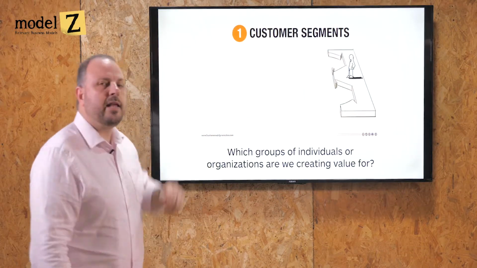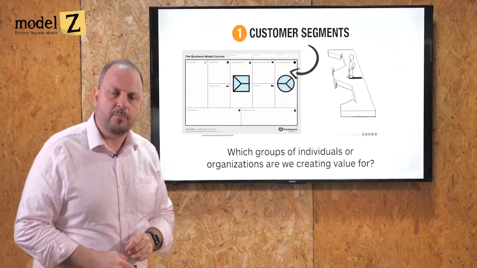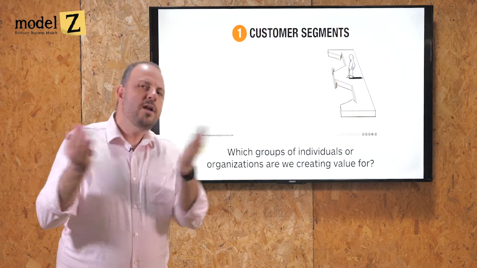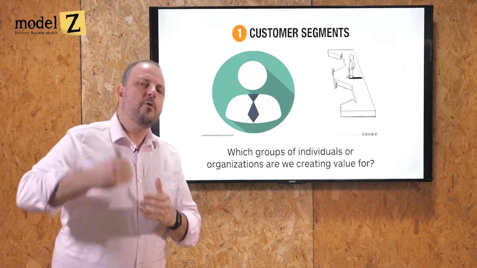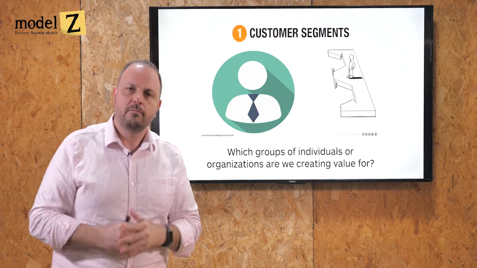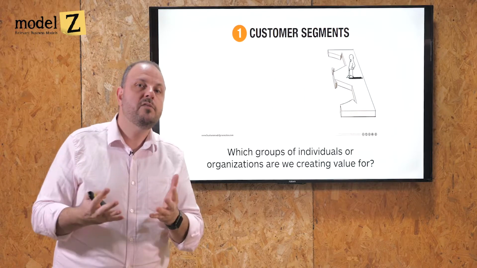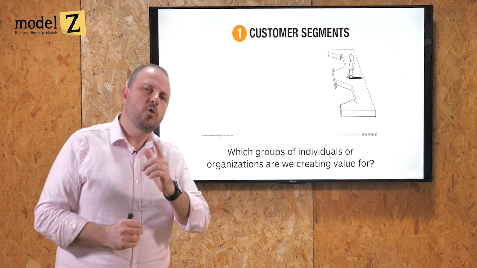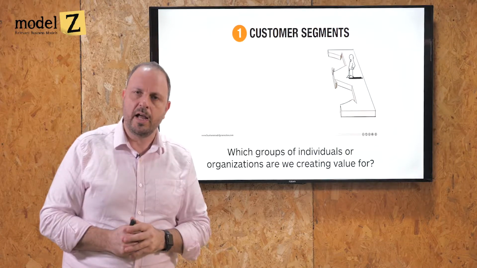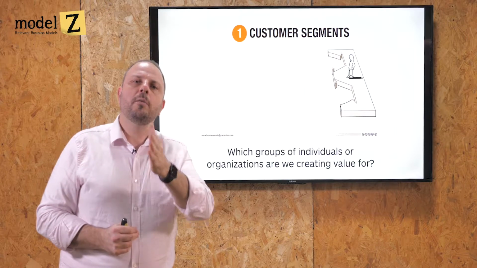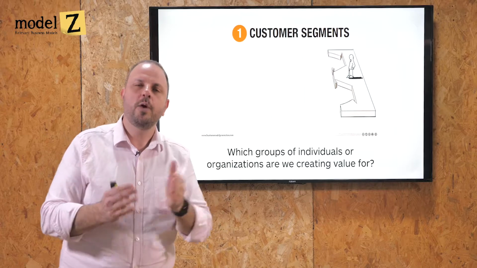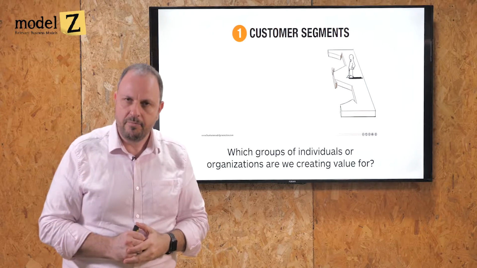So, the business model canvas starts with customer segments. Customer segments is all about customers, right? So, what is a customer? Figure out, if we gave you now 30 seconds to write down your definition of a customer, what would we get? Would we define a customer in the same way? The way we define customer segments in a business model design is that those are the people or the organizations and businesses we design value for.